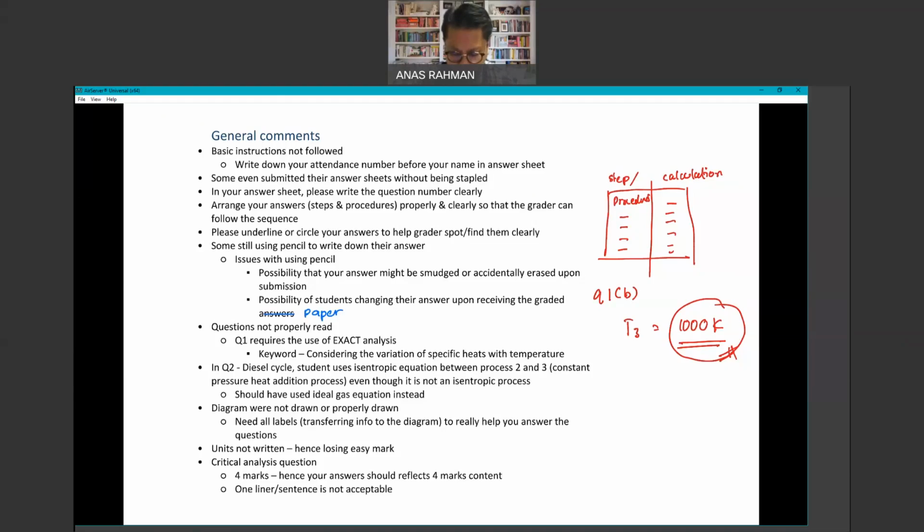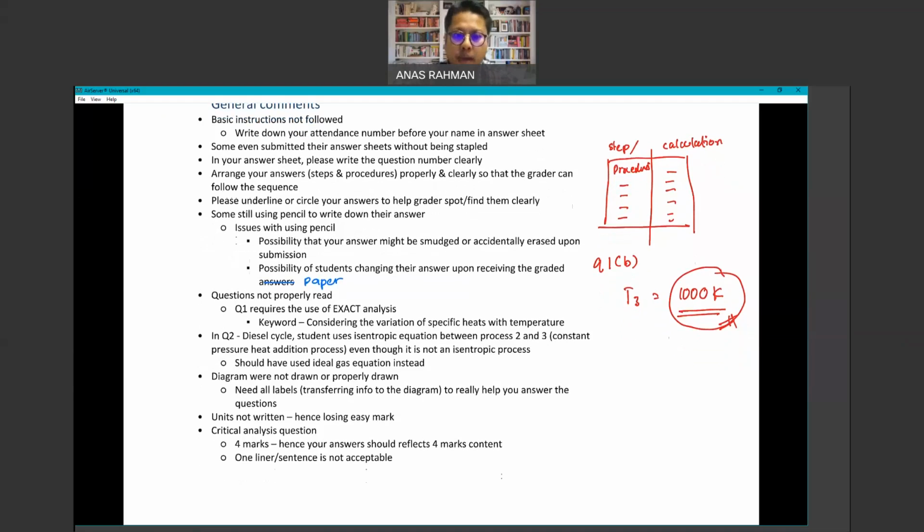The next issue that I found when grading this paper is that students did not read the questions properly. For example, in question 1, students are required to use the exact analysis, which we are going to look at in a bit.